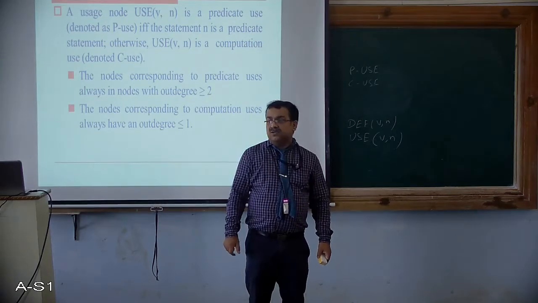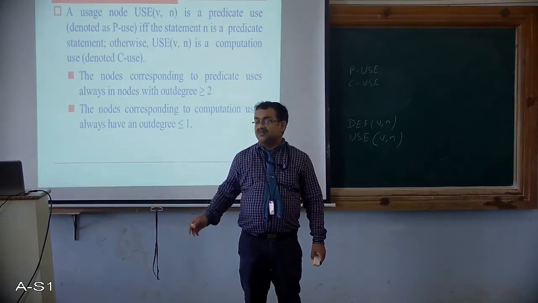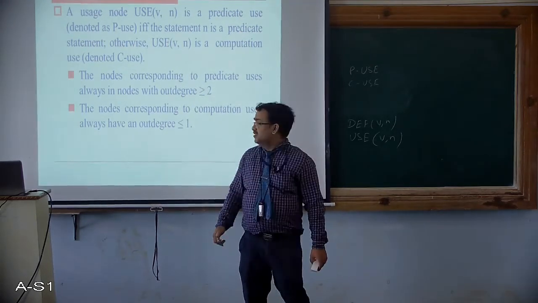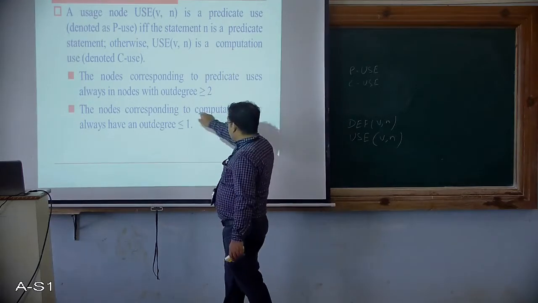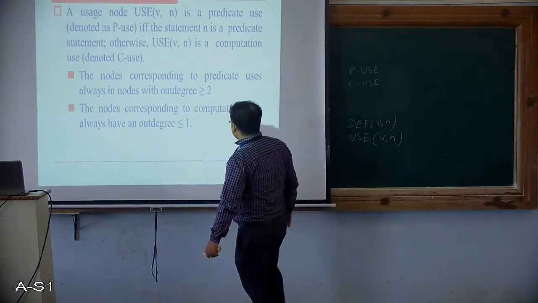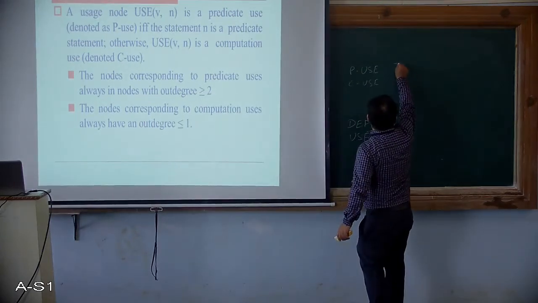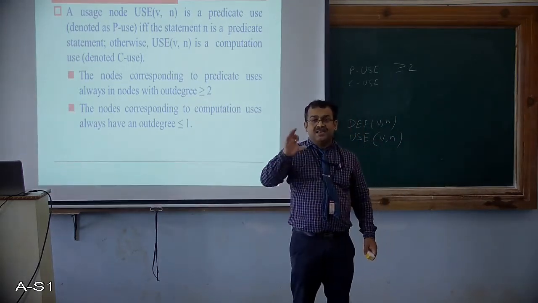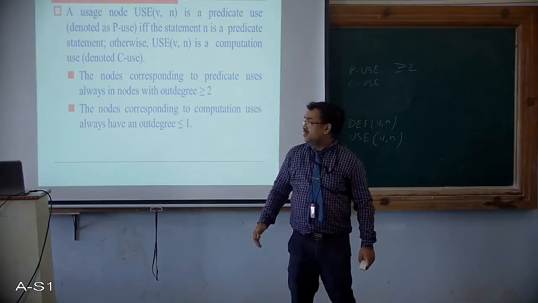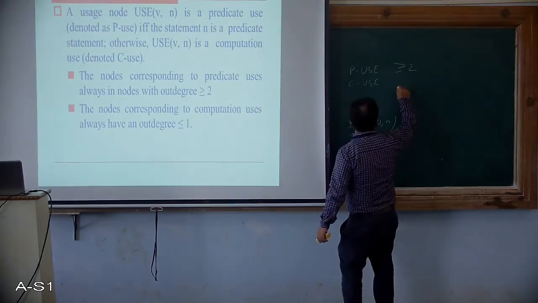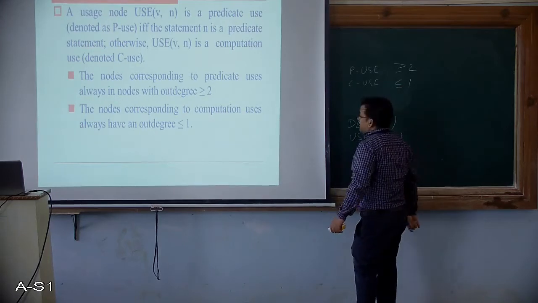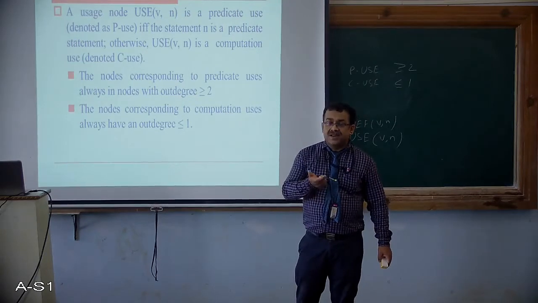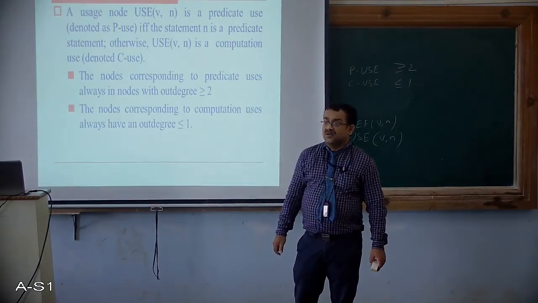When it is part of a statement which represents a loop condition or an if or else condition, these are called P-uses. P-use nodes are the nodes where the out degree is greater than or equal to 2, when there is a decision at that node. And computation nodes are basically the nodes where the out degree is less than or equal to 1, because the node can also be the terminating node, so the out degree can be 0 also.